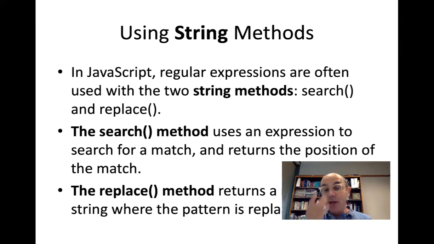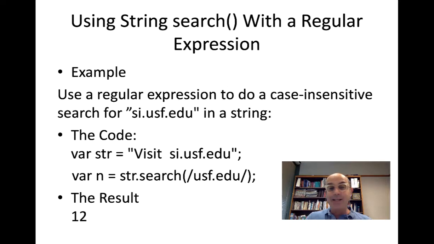The replace method returns a modified string where the pattern is replaced. So in this case, a regular expression to do a case insensitive search for ci.usf.edu in a string, and in this case the variable string is visit our website.